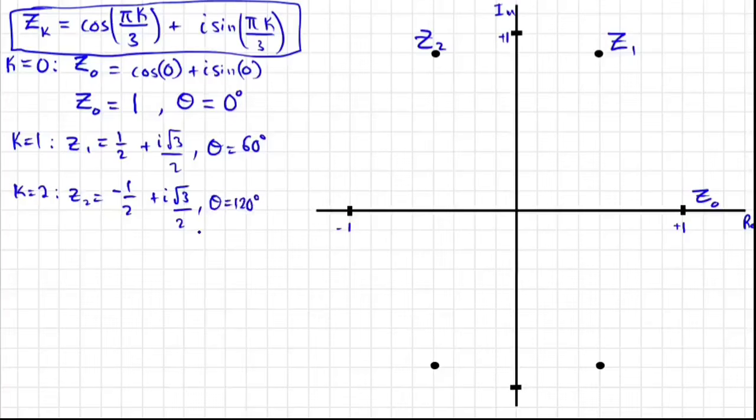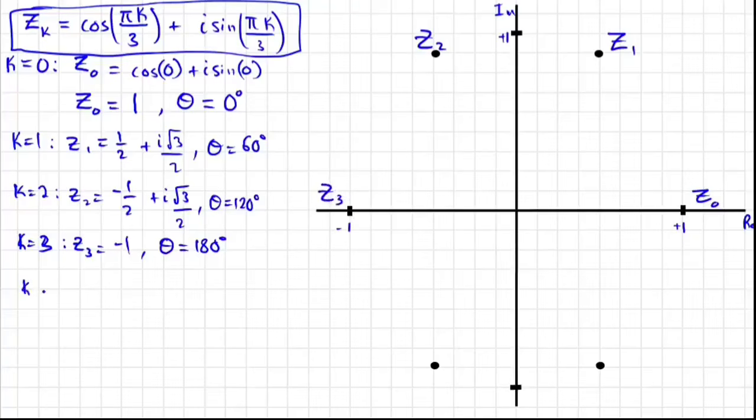Remember, to find the 120, you just have to find the argument. So when k is 3, z3 is equal to negative 1. And negative 1 is at an angle of 180 degrees. Right here. So this here is our z3.